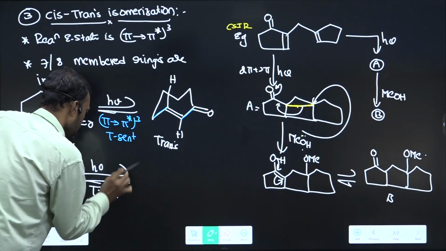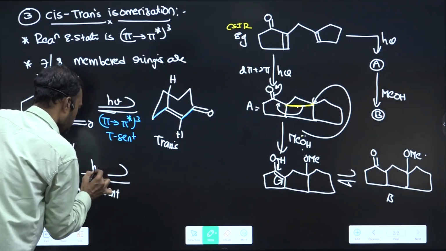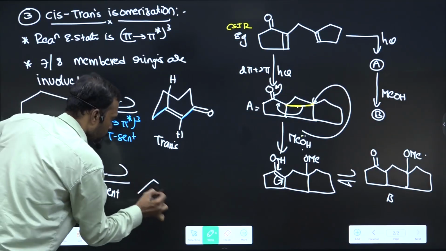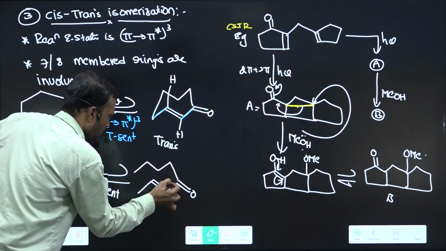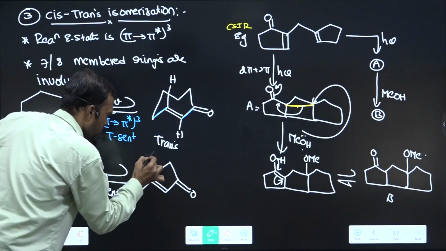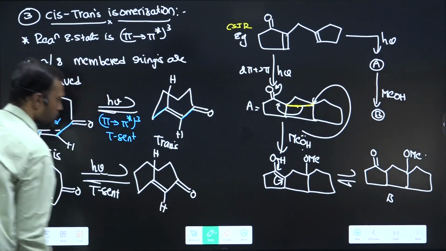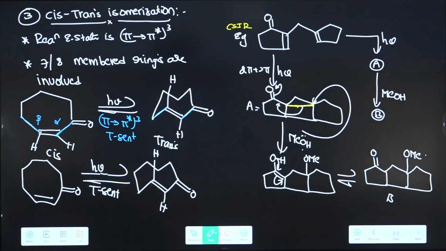Photochemical triplet sensitizer. So this is cis to trans. Only these two reactions are known to convert cis to trans.